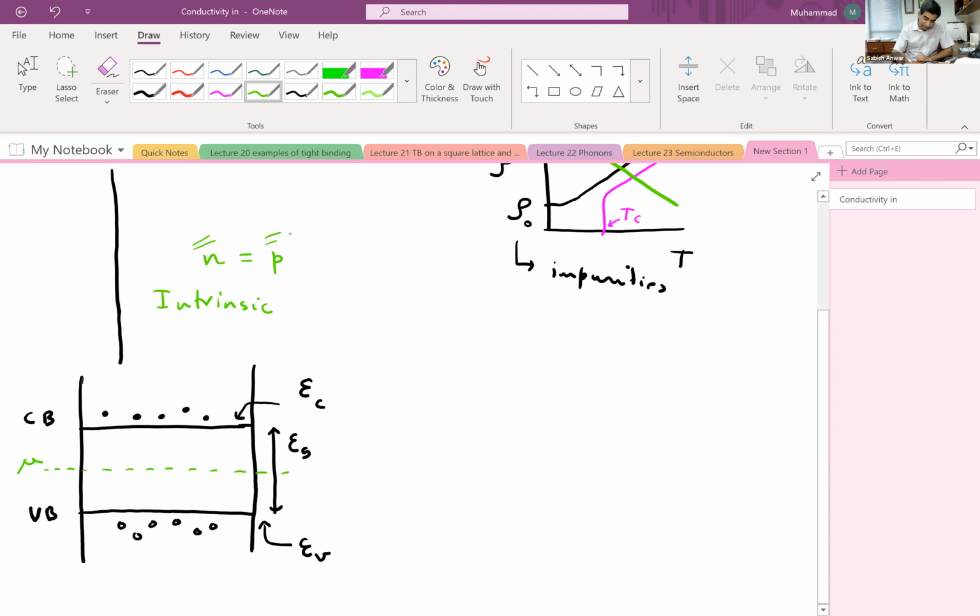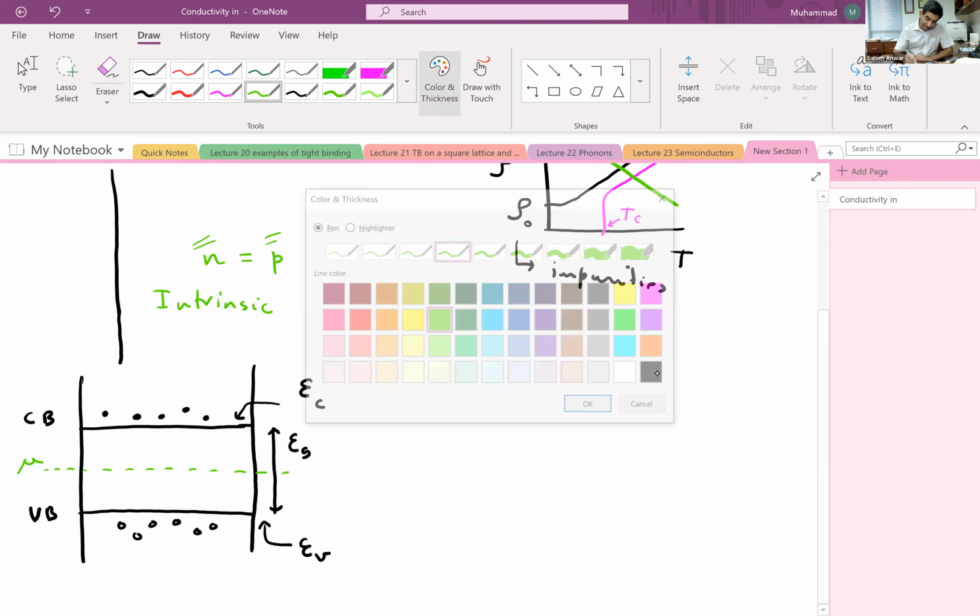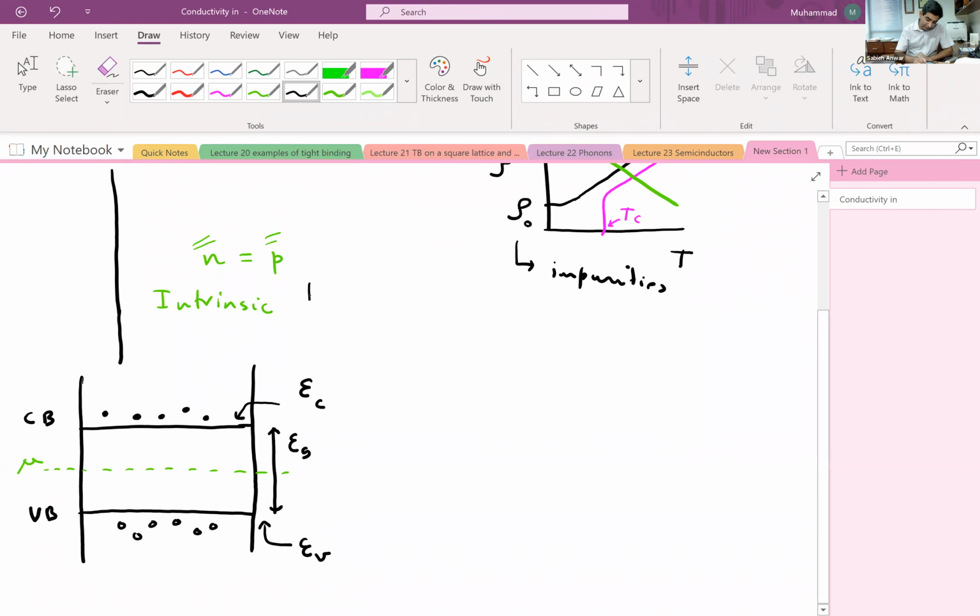And in order to do that, I already know that if I would like to find out any number density, any number of electrons, I can integrate over the band, which means integrating over energy, and I would need the density of states, and I would need the probability of occupancy of a particular state, an occupancy factor.